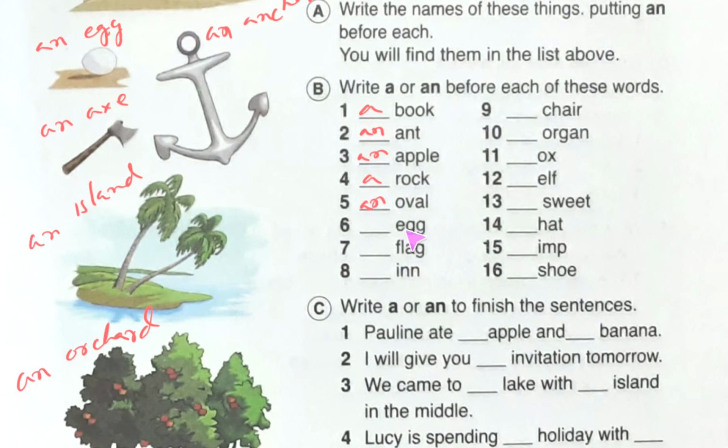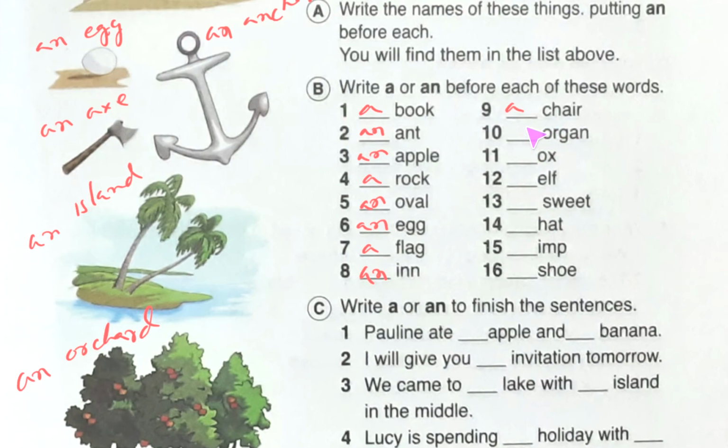And here egg, it has started with E, means vowels, we will write here an egg. Flag, it has started with a consonant sound, so we will write a flag. Inn has started with I, so we will put here an. Chair, with a consonant sound or consonant letter, so we will put here a chair. Organ has started with vowel letters, means A, E, I, O, U. Here it has started with O.